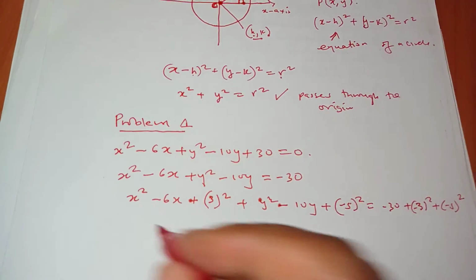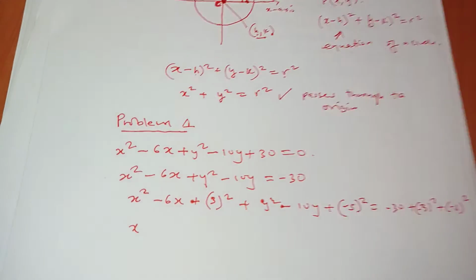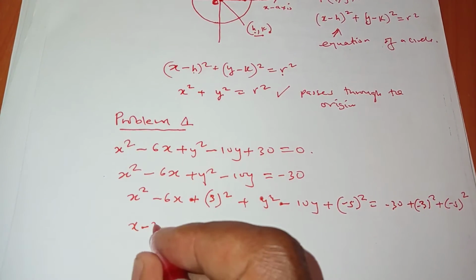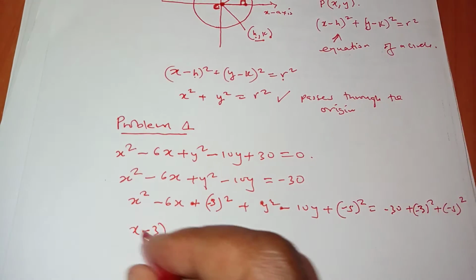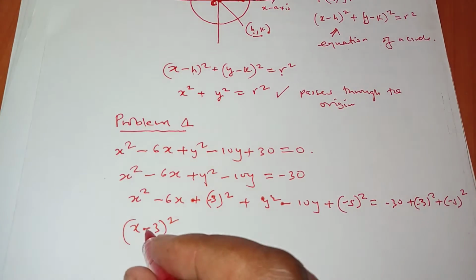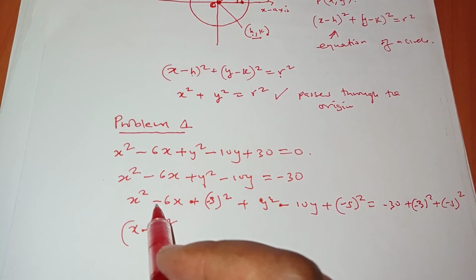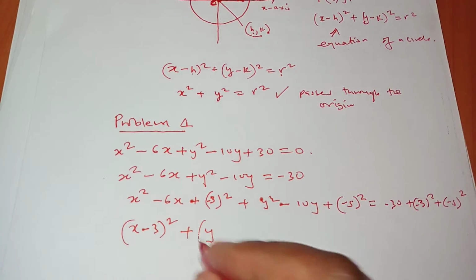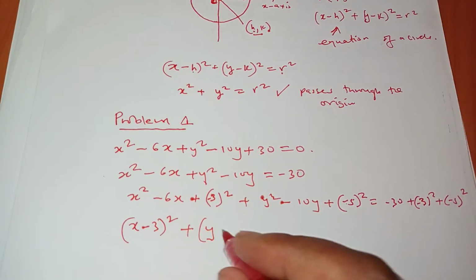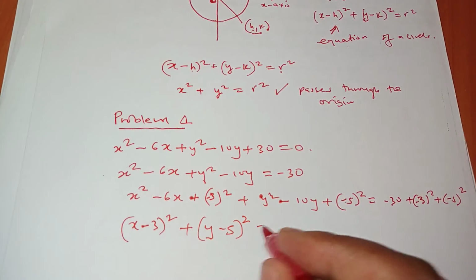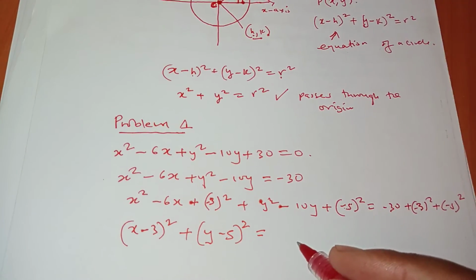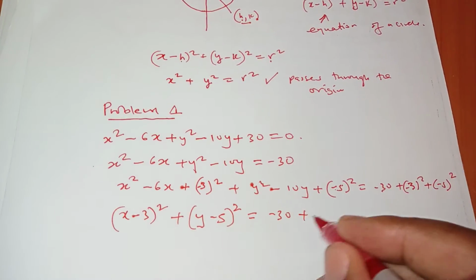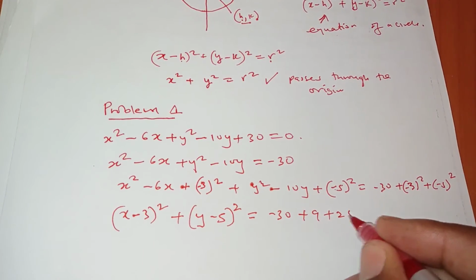So when we are condensing this in terms of x, we are going to have x minus 3. In fact, this sign is dependent on the sign here. If it's negative here, we shall have a negative. So plus (y minus 5) squared is equal to, on the right hand side, minus 30 plus 9 plus 25.